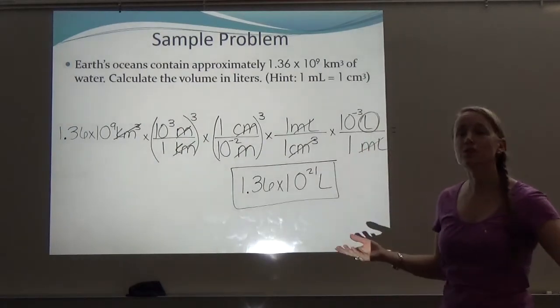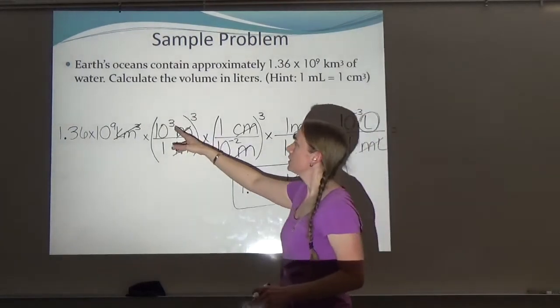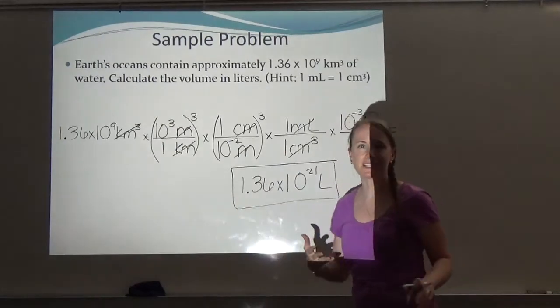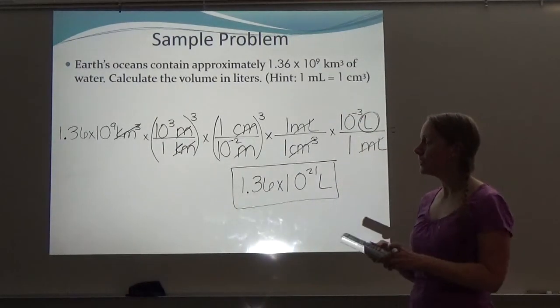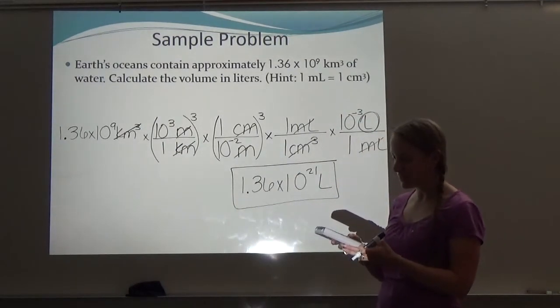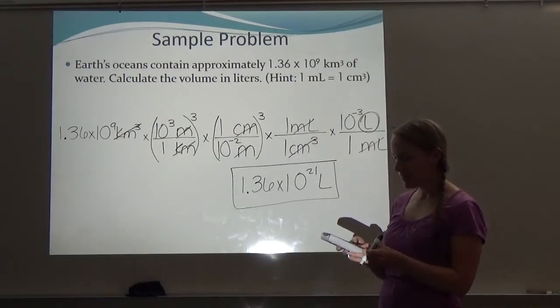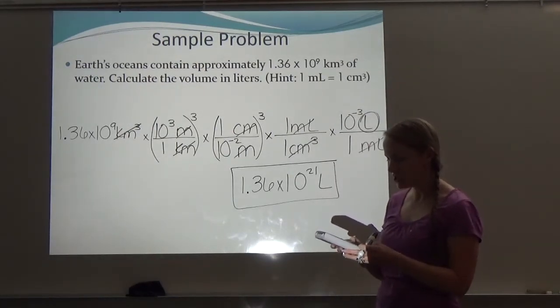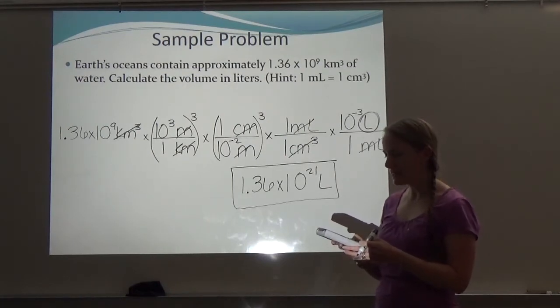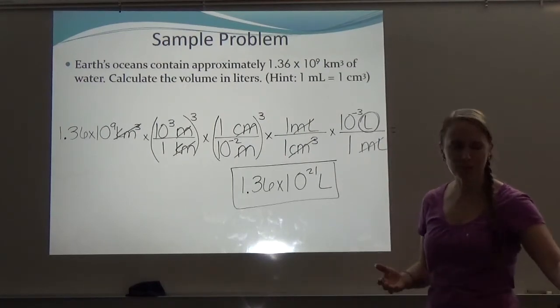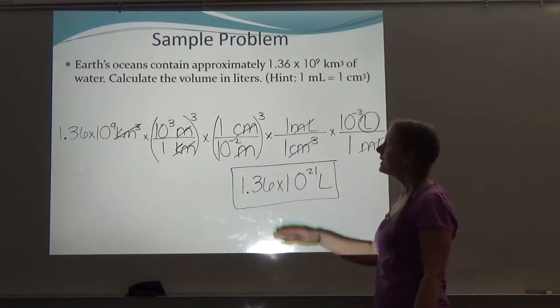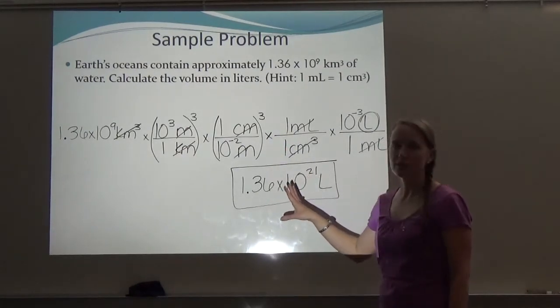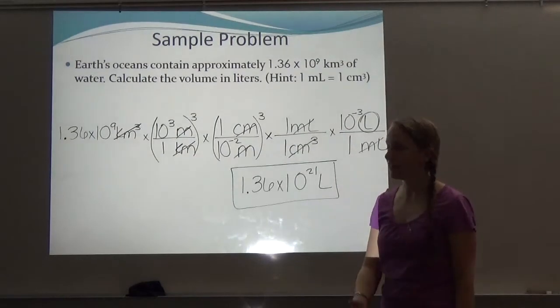If you want to do that instead of having to use a bunch of parentheses, because depending on what calculator you have, it's easier to do powers than on some other calculators. So just play around with it. My calculator makes it pretty easy to just plug it in, but play around with it until you can get the right answer and figure out how to put it into your calculator.